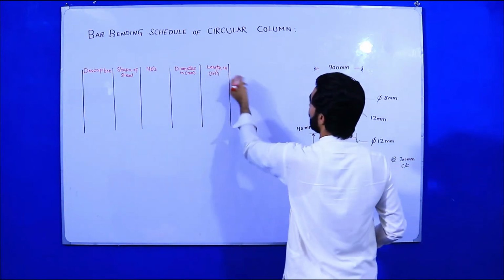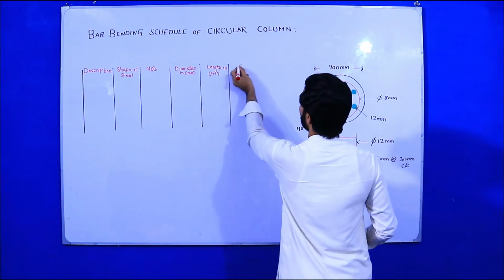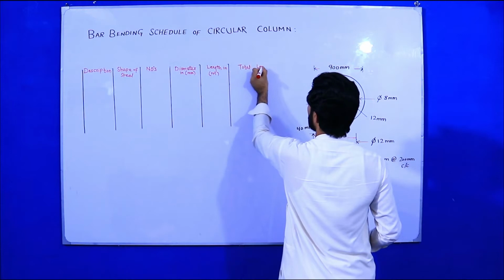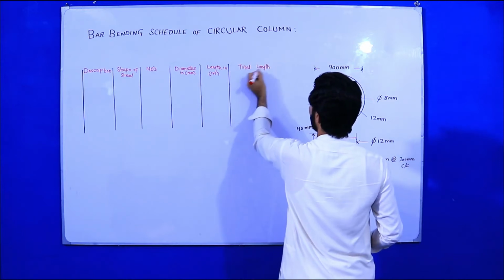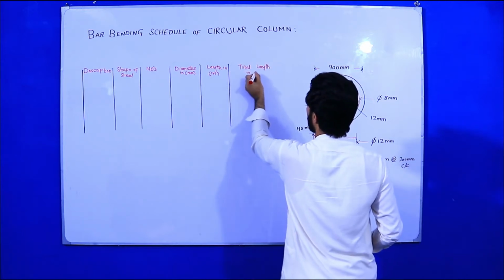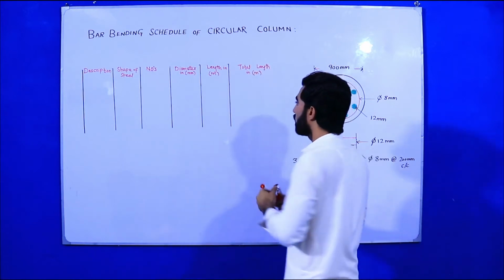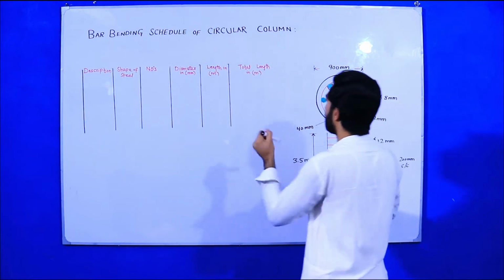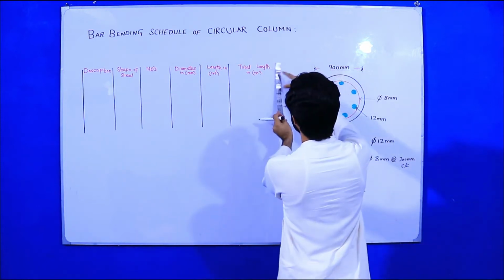In the sixth you will write total length in meter. So guys, these are the columns for the bar bending schedule, right?